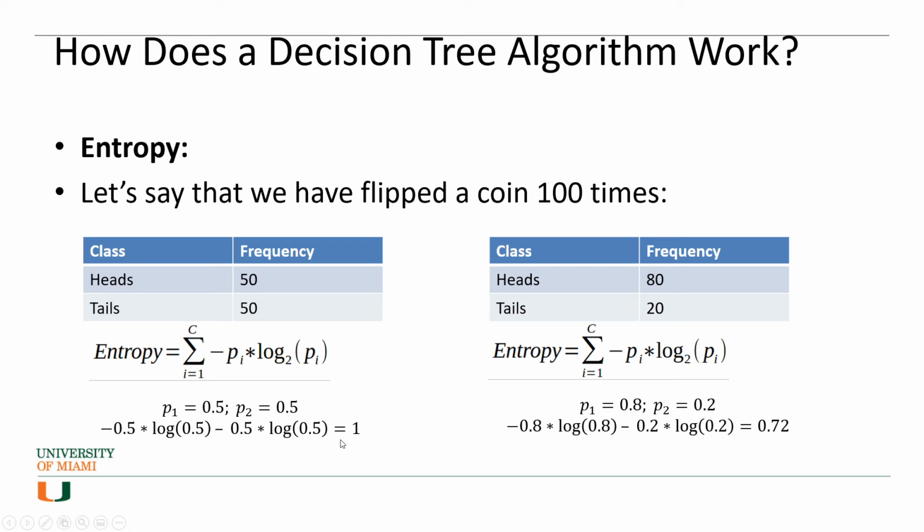So when you compare the entropy here, 1 versus 0.72, you'd see that the entropy decreases, meaning that your certainty increases. Why? Because when you have a rigged coin, the chances that you can predict the outcome are way higher than when you have a fair coin.